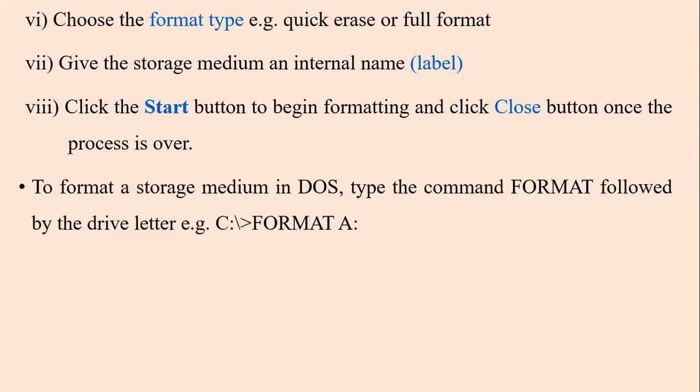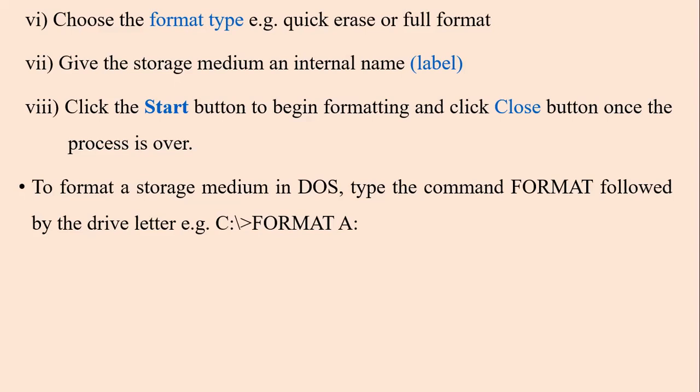To format a storage medium in DOS, you type the command format followed by the drive letter. For example, if you have a floppy disk that you want to format, which is in drive A, or you have a flash disk which is in drive E, while at the command prompt, which is C:, type the command format, then have a space, then the drive letter for the media that you want to format.